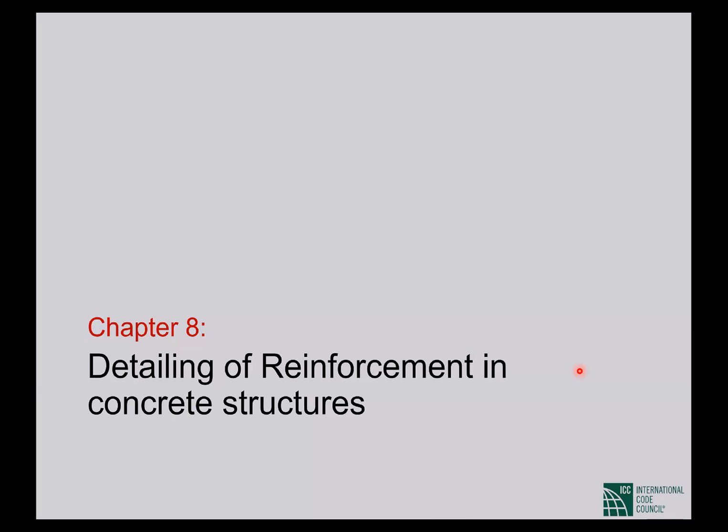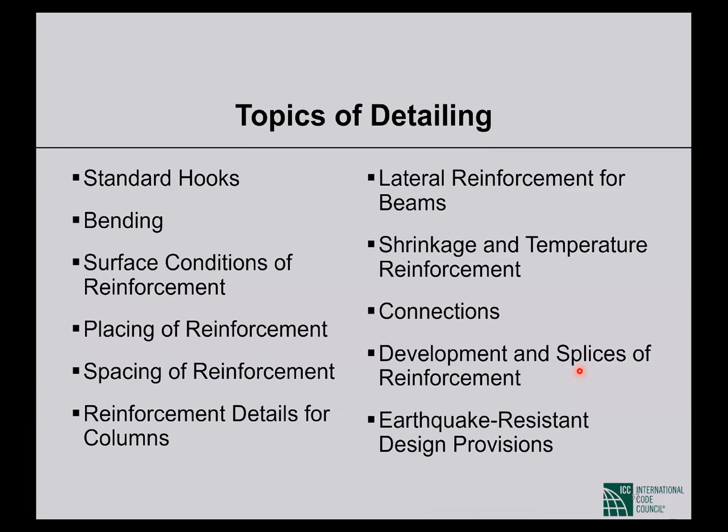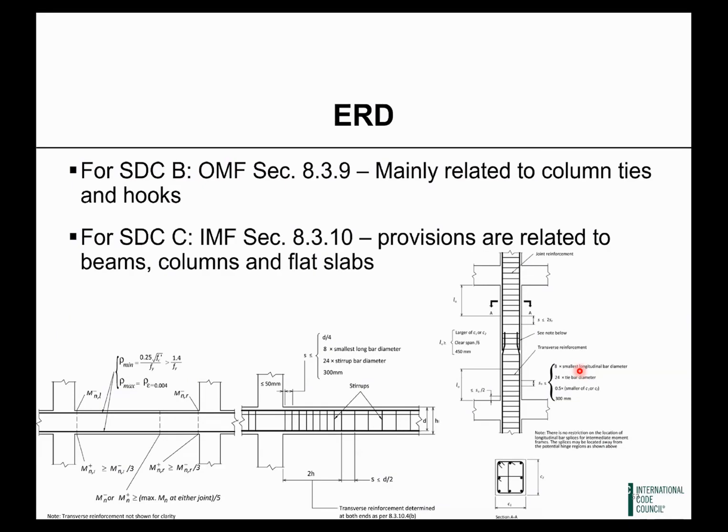I think Dr. Ghosh will cover these, and I have mentioned some sections which you have to follow to design according to SDC B, C, or D. These are the topics covered in this detailing chapter. All of them are very, very important. So please go through them if you want to design a structure appropriately.